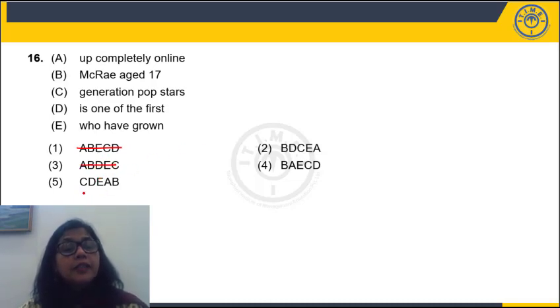Between B and C now, C says generation pop stars. And if you read ahead, generation pop stars is one of the, ruled out. Now B, D or B, A? That is the question. McRae age 17 is one of the first, yes, matches.